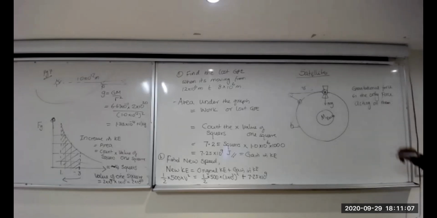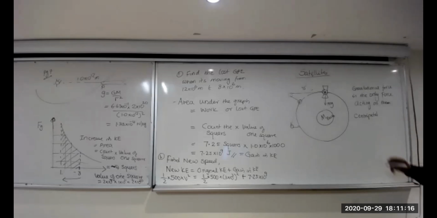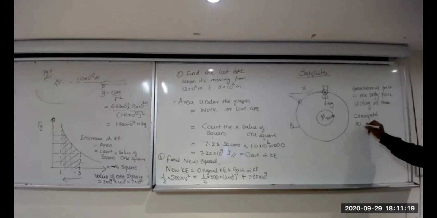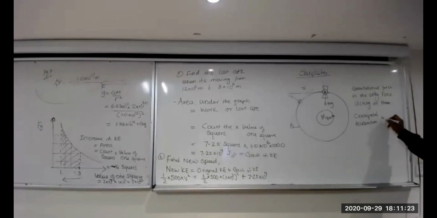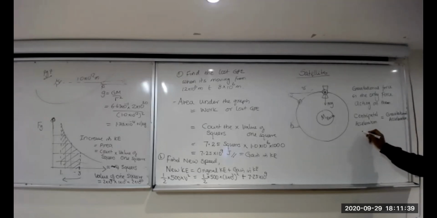So centripetal acceleration becomes the gravitational acceleration. Centripetal acceleration is the same as the gravitational acceleration. So centripetal acceleration is going to be v squared on r.